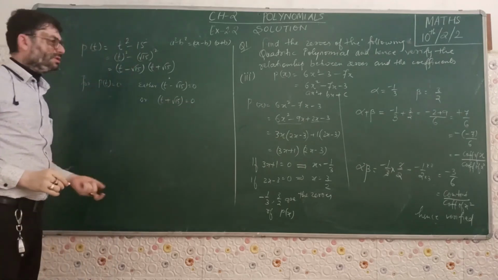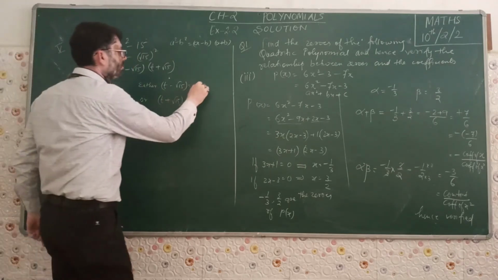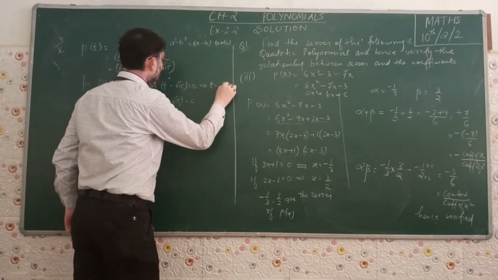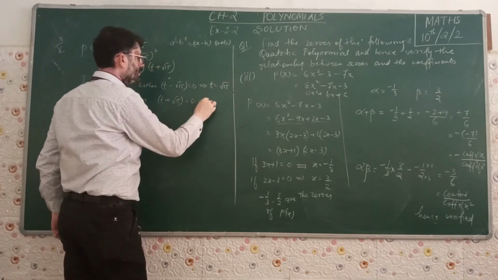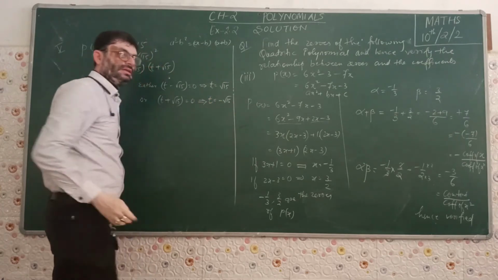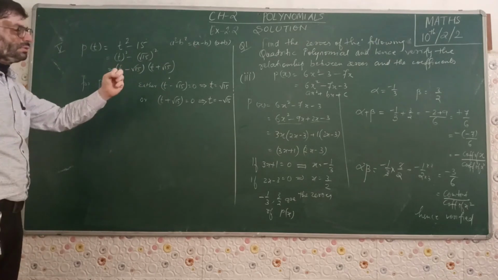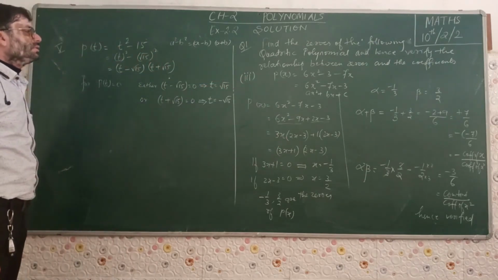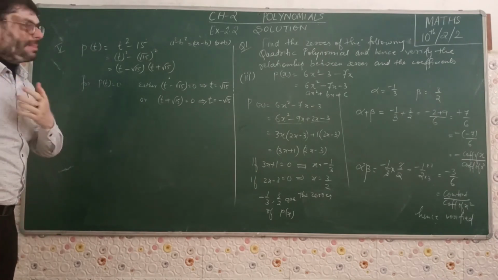Either of the two should be 0. So if this is 0, then from here we can get the value of t to be root under 15, or if this is 0, we can get the value of t to be minus root under 15. Now we have got the two zeros and we will have to verify the relationship between the zeros and the coefficients.